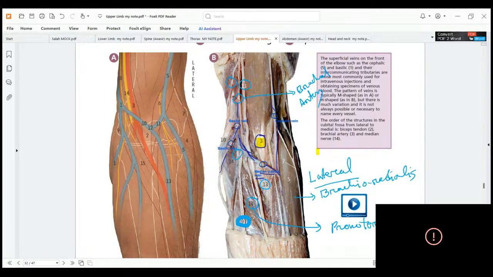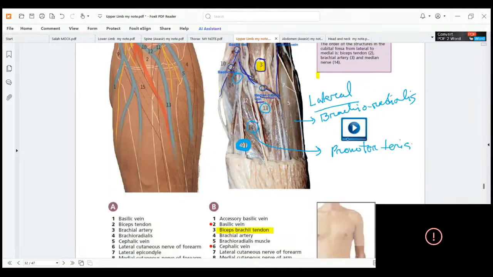The cephalic vein remains on the lateral side because it starts from the anatomical snuffbox. From there it ascends up and remains lateral. So cephalic vein 6 is lateral and 2 basilic vein is on the medial side.